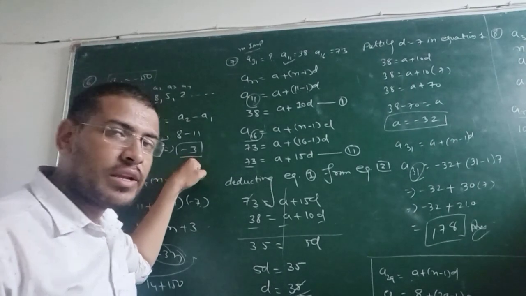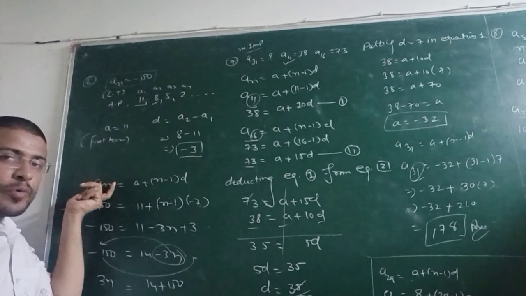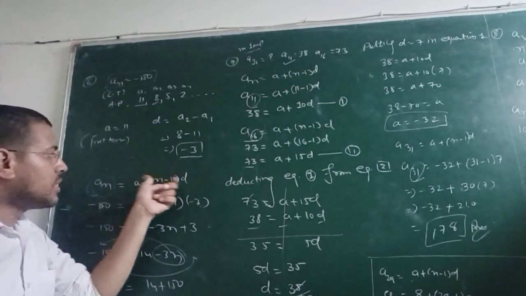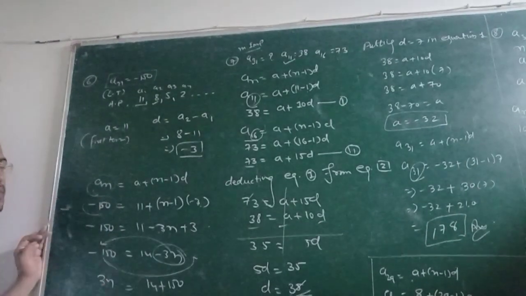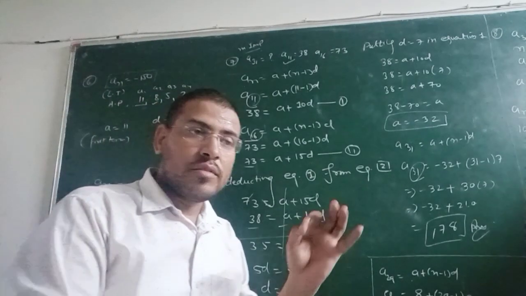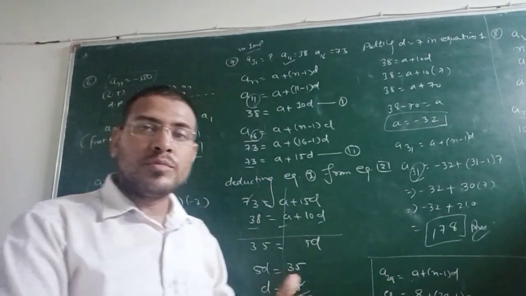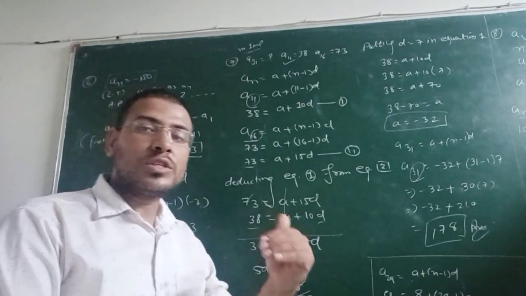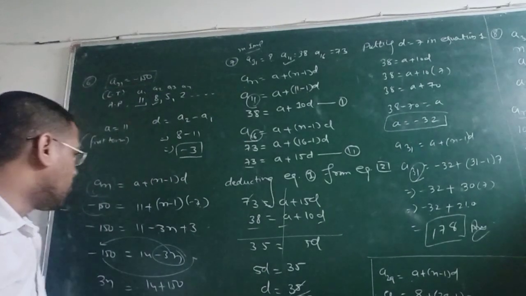Put in the formula of arithmetic progression, an is equal to a plus (n minus 1) d. They want to know whether minus 150 comes in the arithmetic progression or not, and if it comes, at which term it will come, that we have to find out.